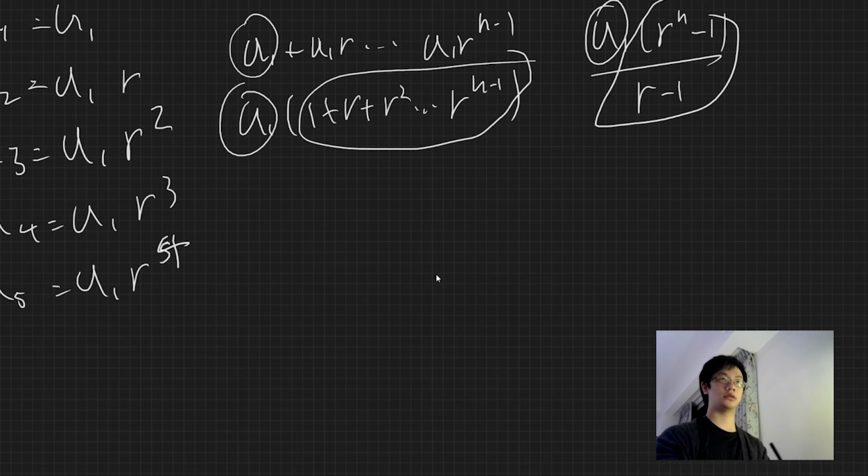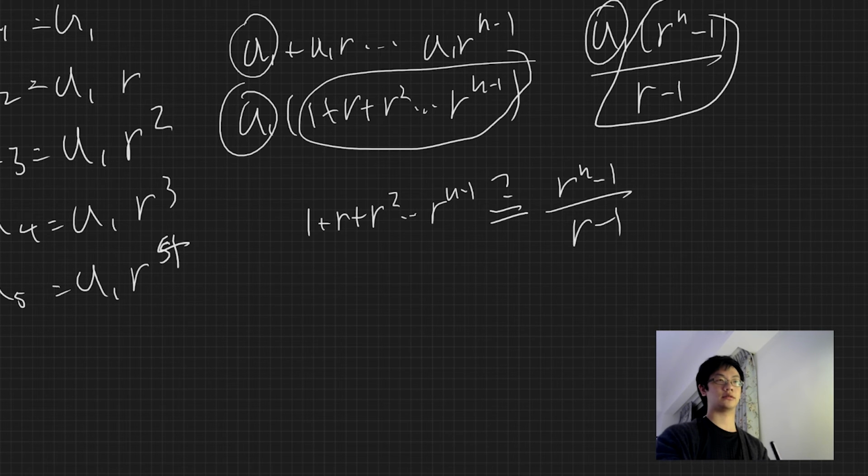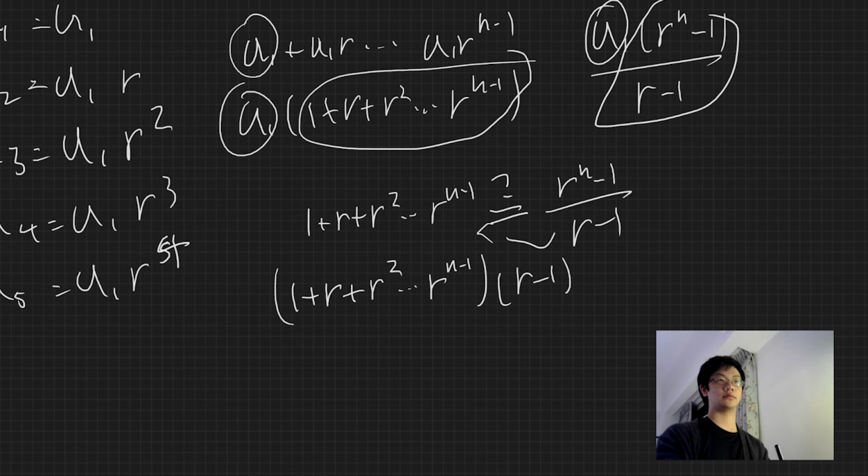That's perfectly reasonable. So now I want to know, sorry about that, that's the wrong term, if 1 plus r plus r squared, dot dot, plus r^(n-1) equals (r^n minus 1) over (r minus 1). Let's pretend that's true for a second. If this is true, I'm going backward, that means this must be true if I time r minus 1 on both sides.